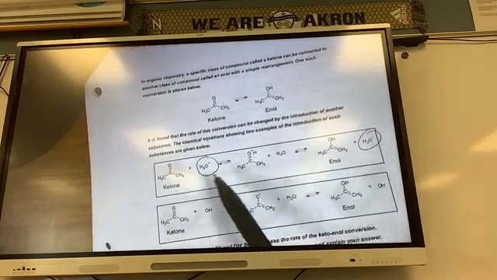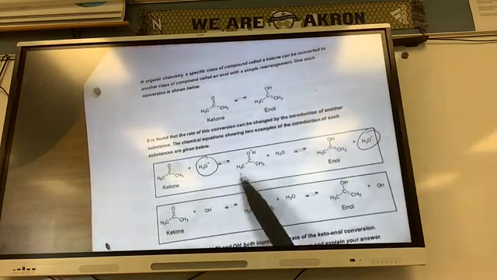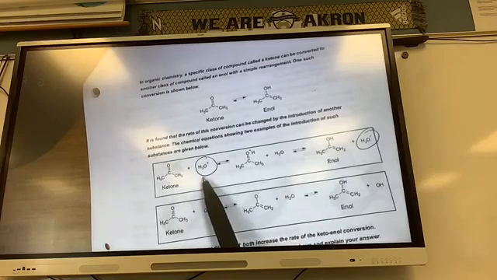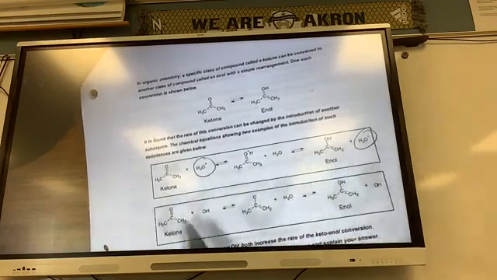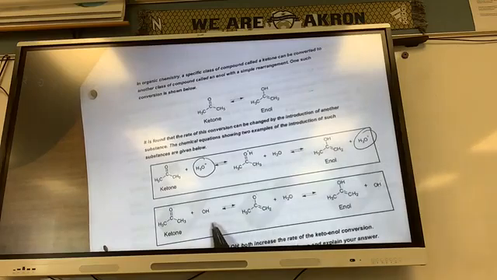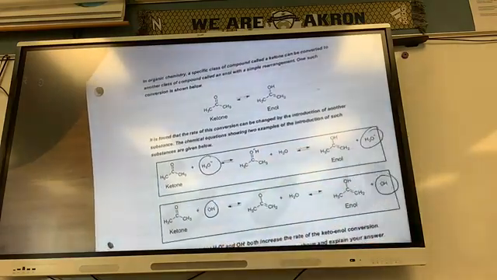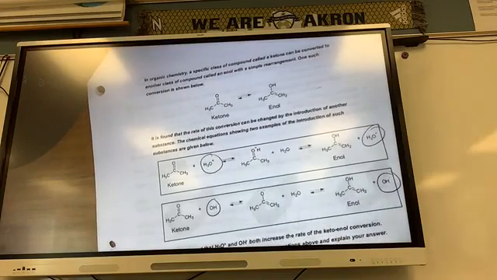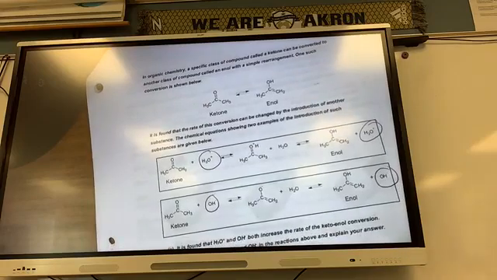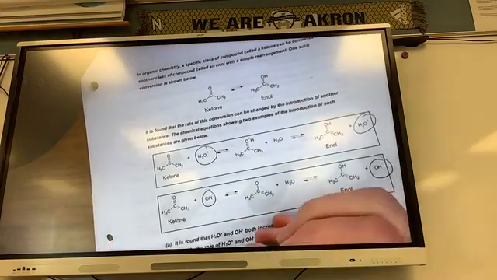So H3O plus is my catalyst. Notice how I start and I end with the catalyst. Do you guys see that? What's the catalyst in this one? Hydroxide. So, it's found that H3O plus and OH both increase the rate. So the role of these are what? Catalyst.